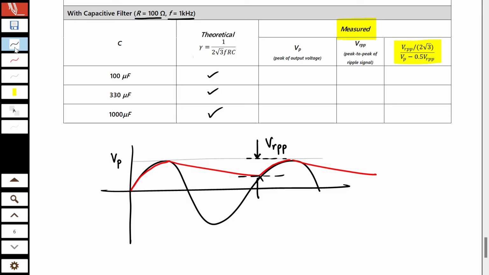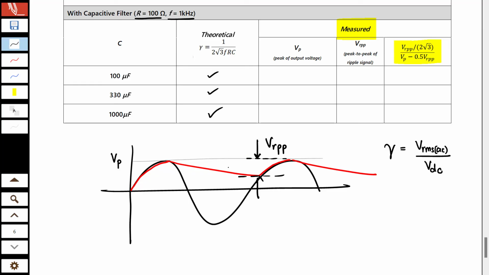So to find the ripple factor of such a waveform, you know that ripple factor would be nothing but the RMS value of the AC component divided by the DC component, the average value. In this case, the average value appears to be somewhere in the middle of this waveform. That is the origin of this denominator.